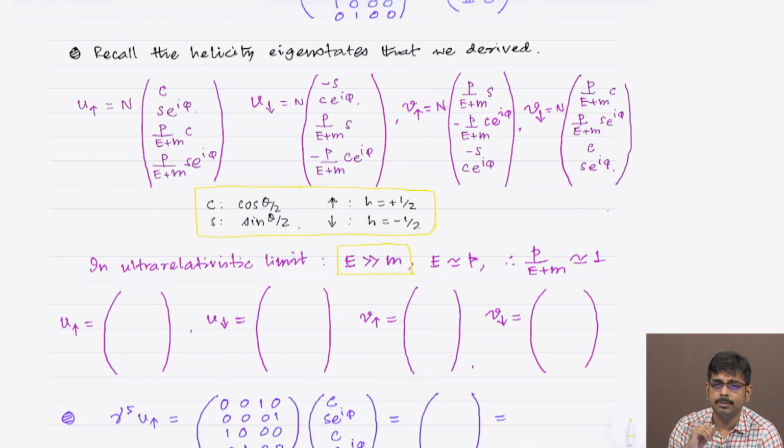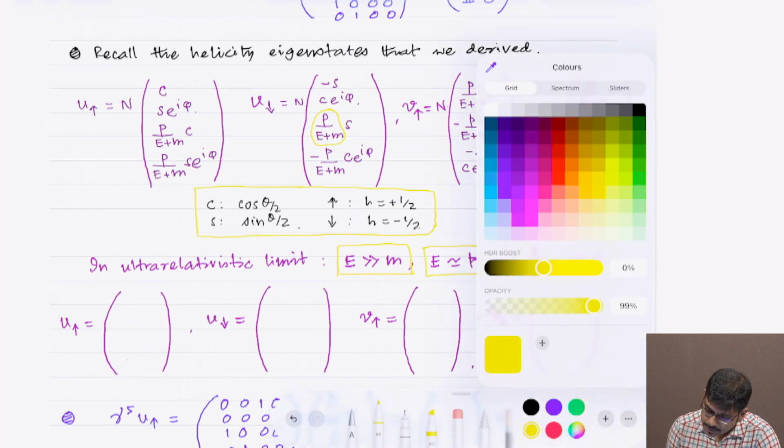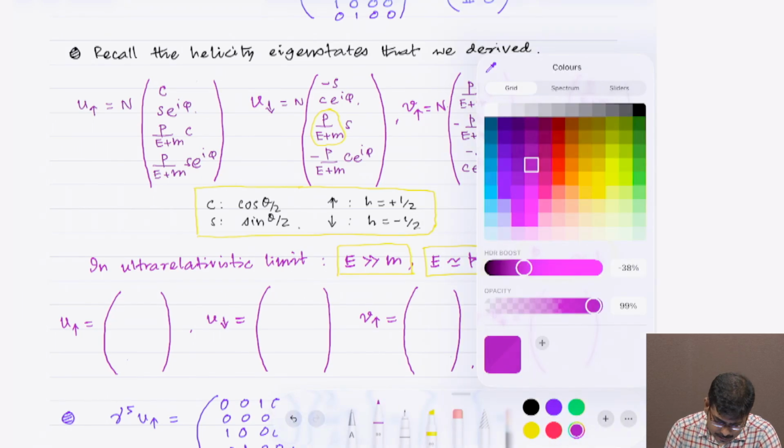E square equals P square plus M square, so if E is way larger than the mass, then E square is essentially P square, or rather E is almost equal to P, which means that this ratio sitting in the expressions of the spinors simply goes to 1. This is the ultra relativistic limit, which is also applicable to massless particles if you wish. So, in this limit, how exactly do the spinors look like?